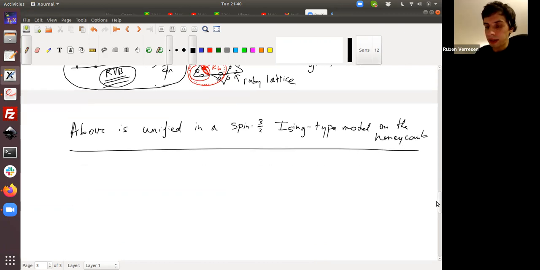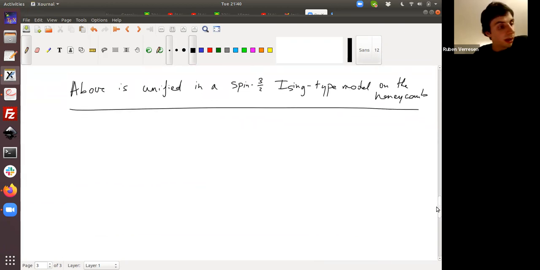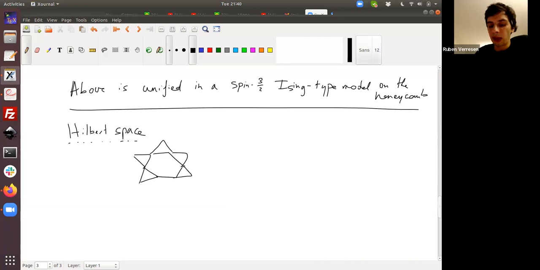Okay, so why am I suddenly talking about a 4-level system? It's actually directly related to the discussion that we just had. The Hilbert space, what we're actually trying to describe, is an emergent dimer model. So some kind of Hilbert space that looks like, I'm drawing different dimer coverings.